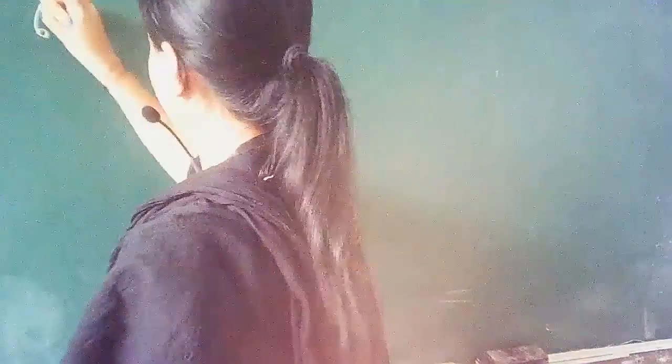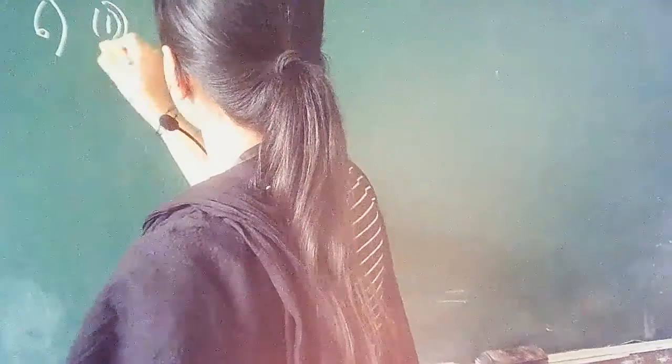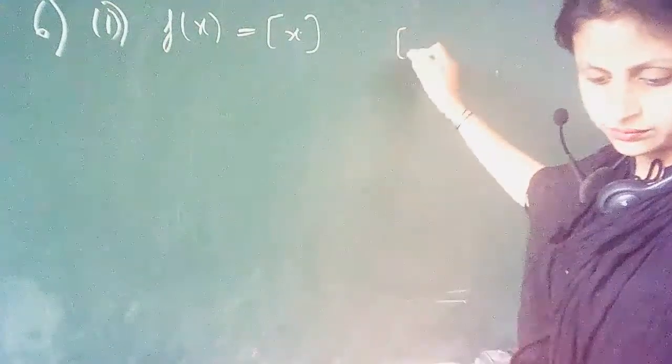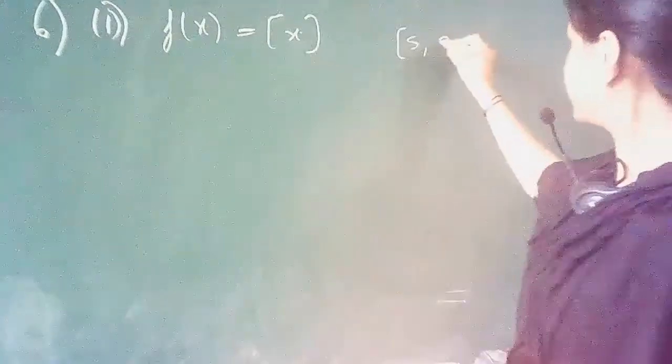Sixth question. Examine the applicability of the mean value theorem for all the three functions given in the above exercise 2. See, in the second problem we had checked Rolle's theorem for three functions. Let me write those functions. The first function was f of x is equal to the greatest integer function on the interval 5 to 9.